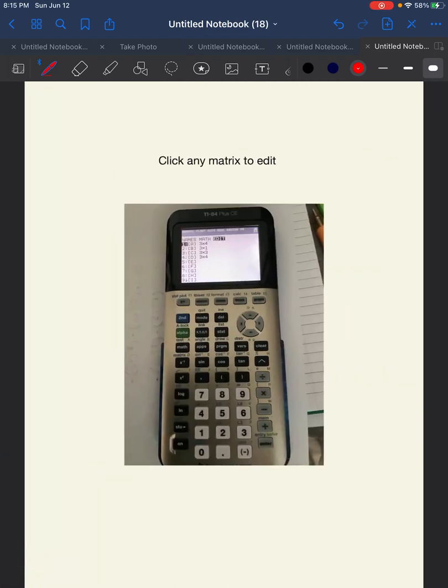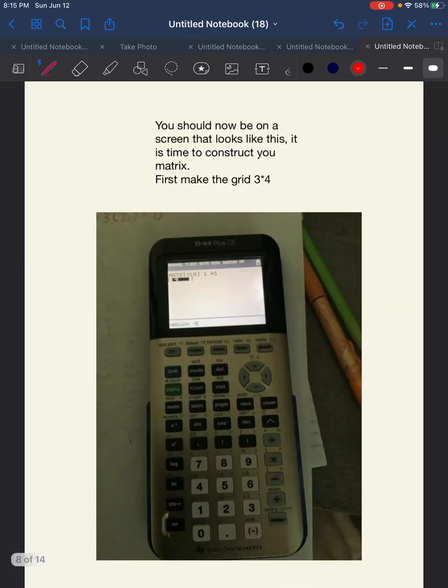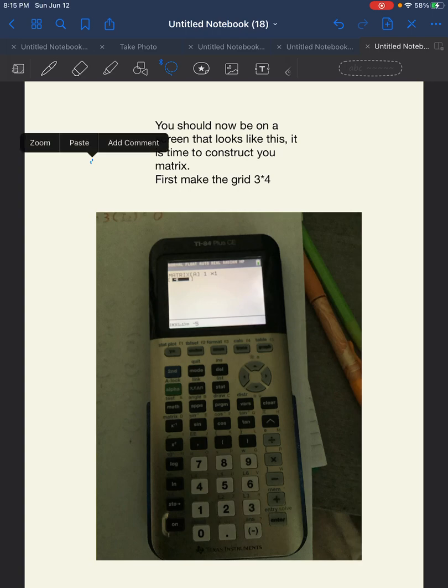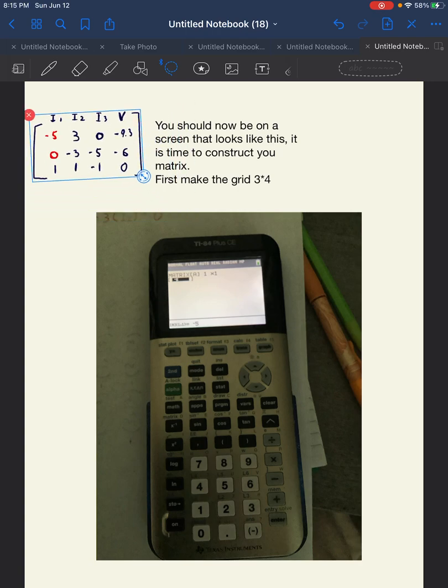Click on any matrix to edit. Once again, I chose A, so I clicked A. Once you get to this screen, we want to create this matrix right here on our calculator. So by looking at this, it's going to ask you what by what you actually want the matrix to be. So we have 1, 2, 3, 4 columns, and we have three rows.